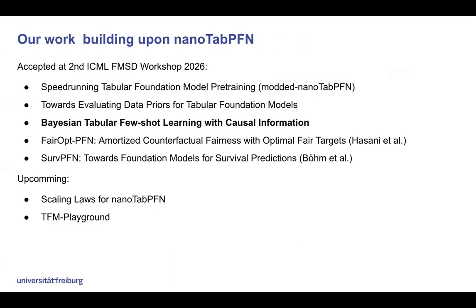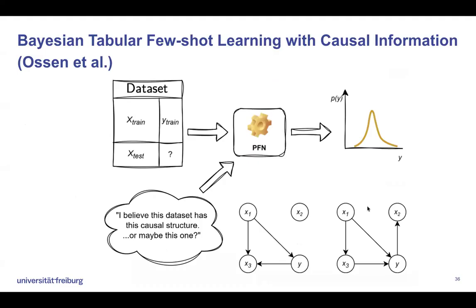Now, the next work is by Ole Ossen, and this was about doing Bayesian tabular feature learning with causal information. The high-level idea is that we have our tabular dataset, and maybe we have some extra belief about what the graph underlying the data looks like.